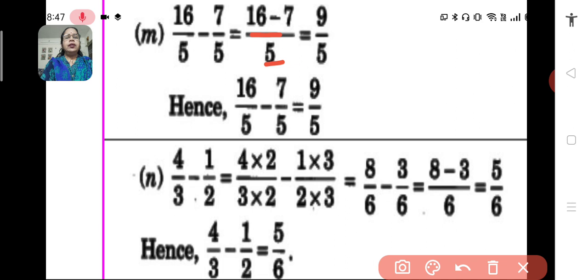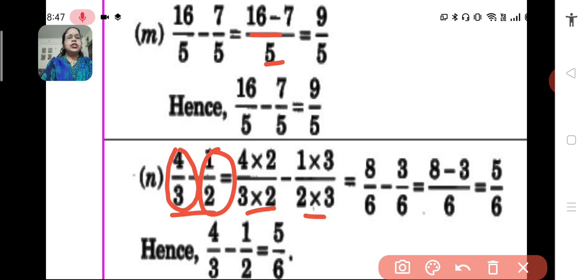Next, N, 4 upon 3 minus 1 upon 2. These are two unlike fractions. So what do we do? We can multiply this fraction by 2 and this fraction by 3 to get equivalent fractions with the same denominator. We have done this here.